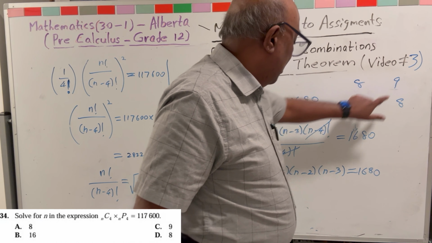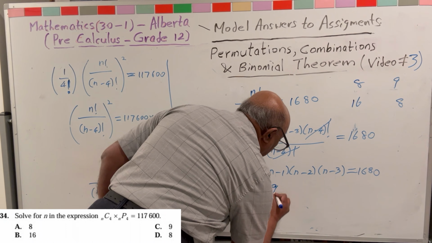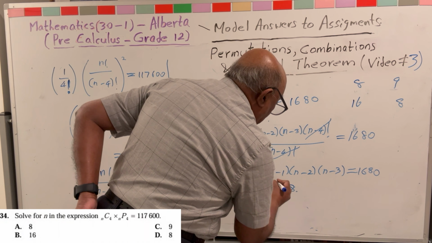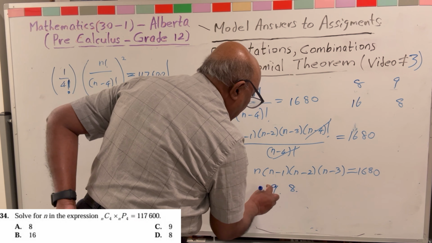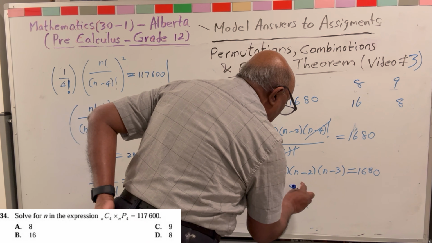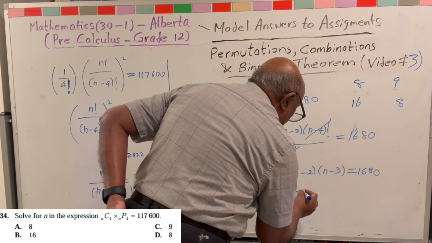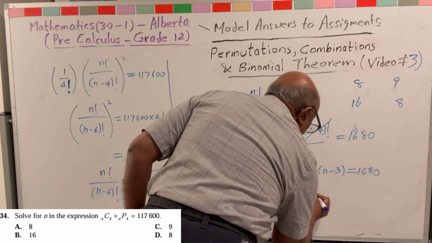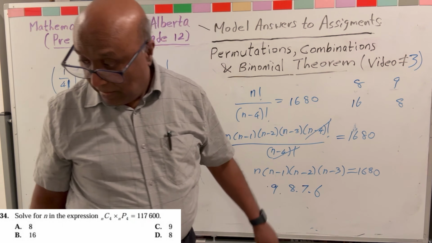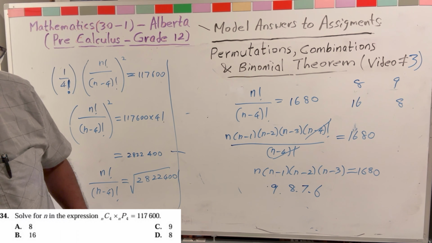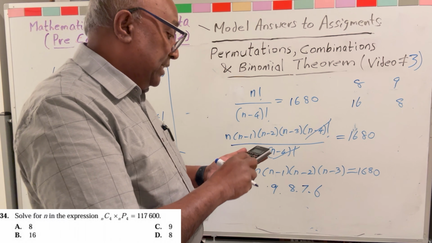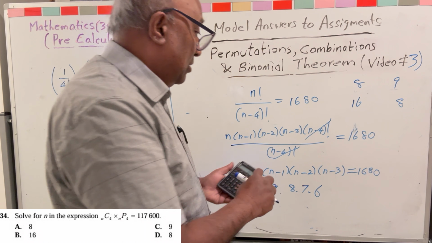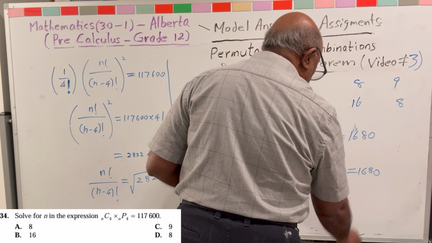If we put 9, what will happen? 9, 8, then this one, 7, 6. Let's see what number we get once you multiply. 6, 7, 8, 9. Okay, that is 3024. That is not matching this one.